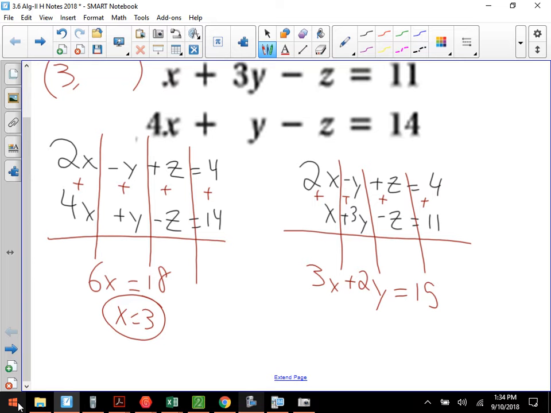We know what x is. So since I know what x is, can I use that to find y? What's y? 3. Good.